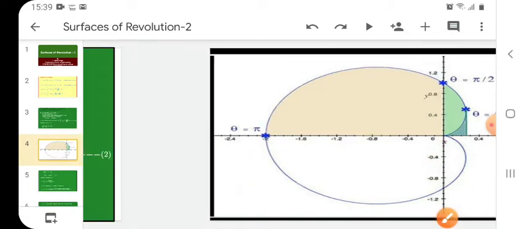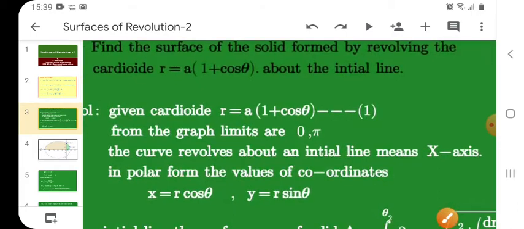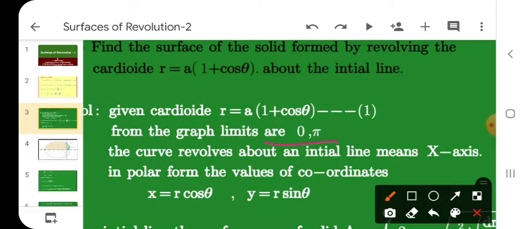So from the graph the limit values are 0 comma pi. The curve revolves about an initial line, which means x-axis. In polar form, the coordinates are x equals r cos theta, y equals r sin theta.